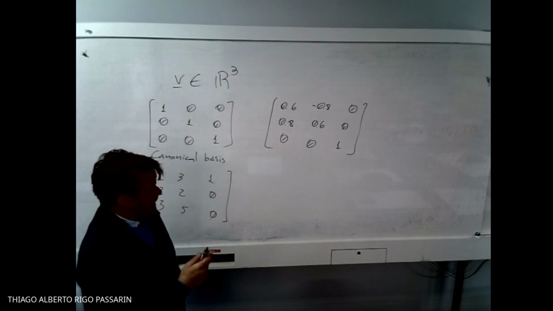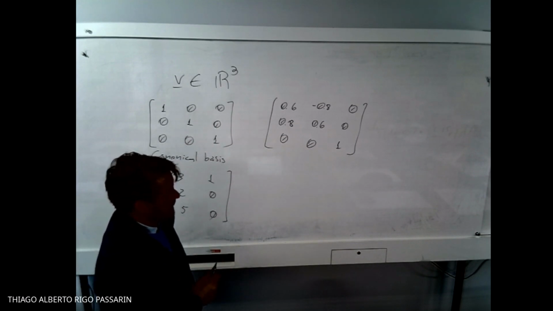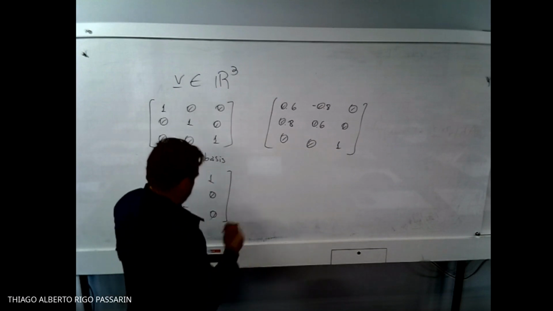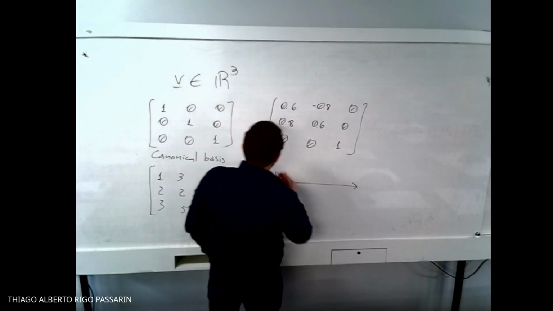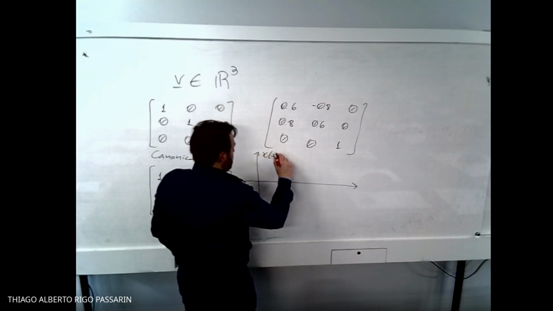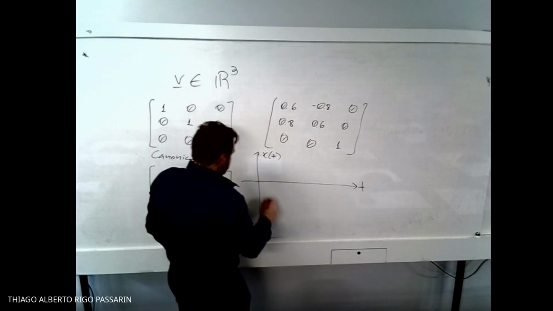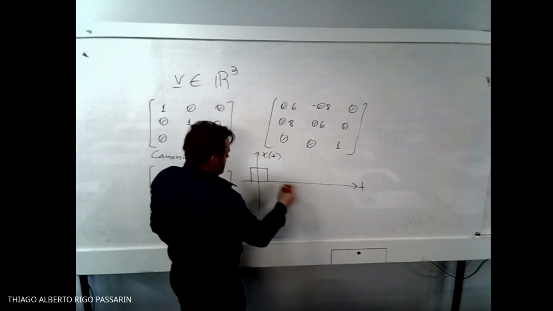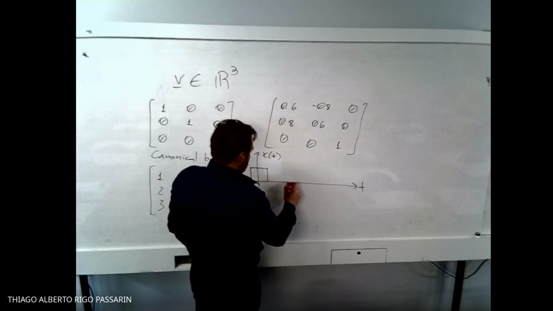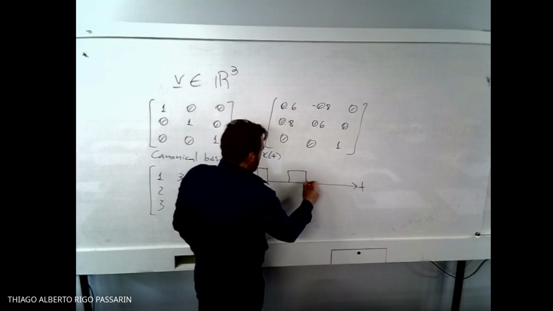Now we're going to treat periodic signals. For instance, say I have a signal x of t, which is periodic. Let's do a square wave.